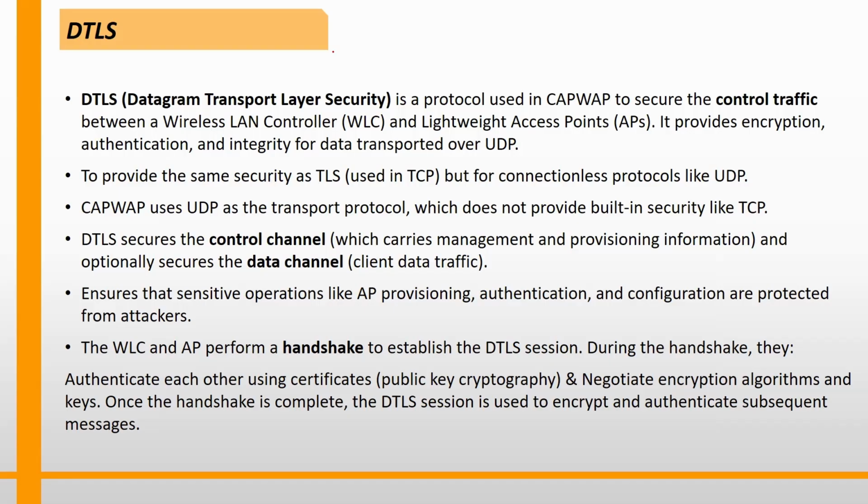The WLC and AP perform a handshake to establish the DTLS session, authenticate each other using certificates and public keys, negotiate encryption algorithms, and exchange the ciphers. All those things happen in the DTLS handshake. This particular DTLS handshake will happen in the AP join phase, which we will learn in the next slide.